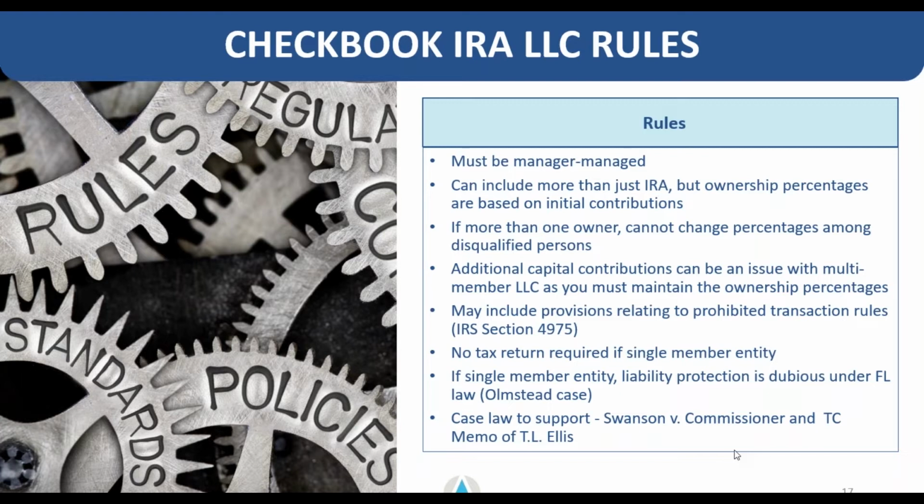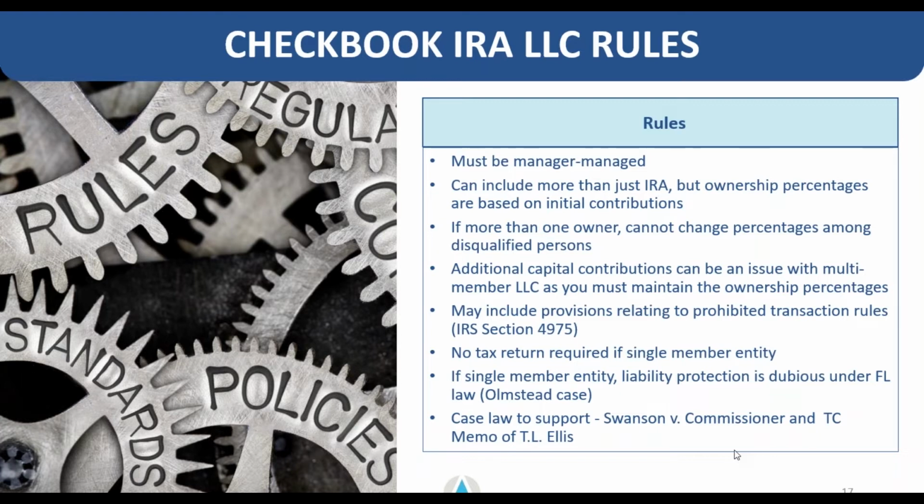Basically, these two cases have examined in tax court the structures of people doing different things with IRA-owned LLCs. In Swanson v. Commissioner, Swanson won, and then oddly enough, Swanson actually sued the IRS to recover court costs, which I would say was maybe a bad move, to get audited for the rest of your life. But he won that case, and the details, you can look it up.